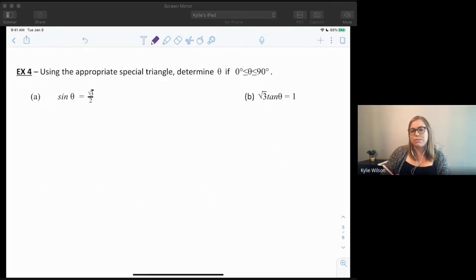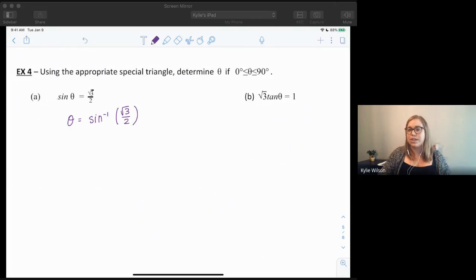So sometimes you'll have to do this backwards. So when I go to find theta, I always use my inverse sine of root 3 over 2. Now you can do this on your calculator because we will all have calculators on our quiz and on our task, but you can also do it by hand.